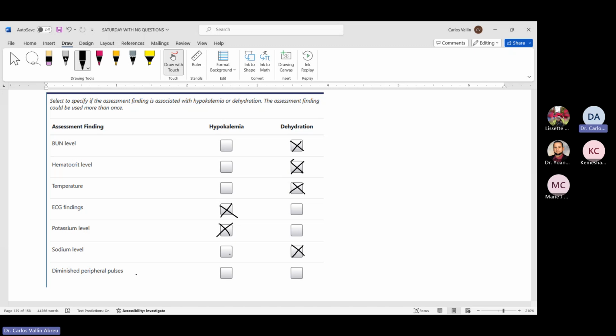Diminished peripheral pulses: okay, this can be seen in both, because of the weakness in the heart and the weakness of the pulse because of decreased volemia. So it could be the way of surviving this question.